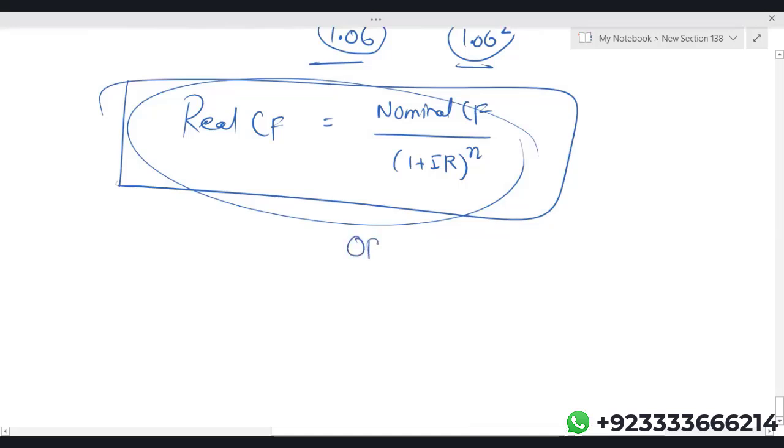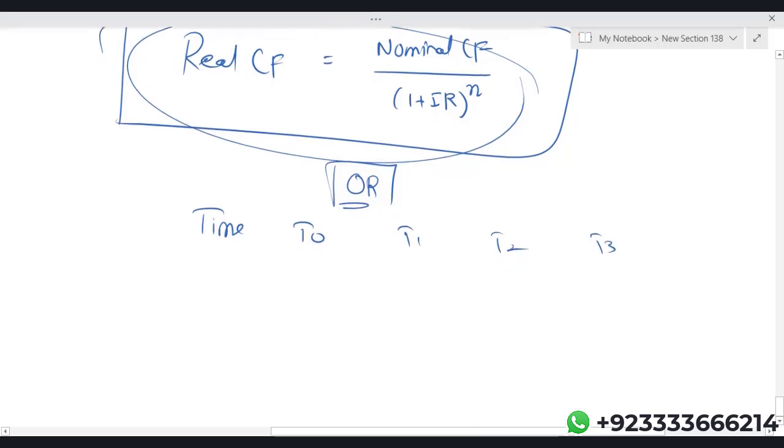Let's say T0, T1, T2, T3. Let's say you have calculated net cash flows in nominal terms.